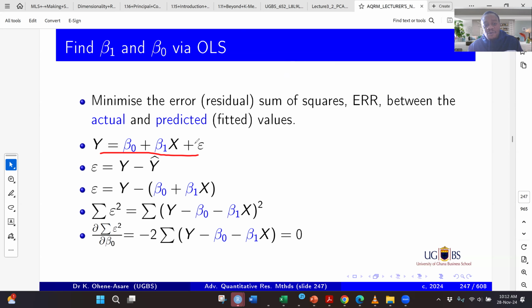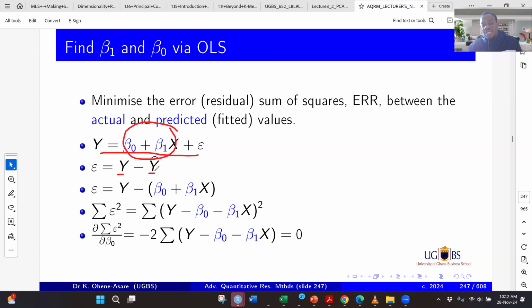Now, this error, if I take all of these to the left-hand side, you have y minus that. But this very one is the predicted: the beta naught plus beta 1 x alone is the predicted. So the error is the actual here minus the fitted or the predicted.